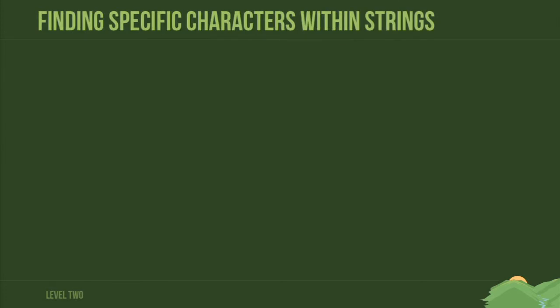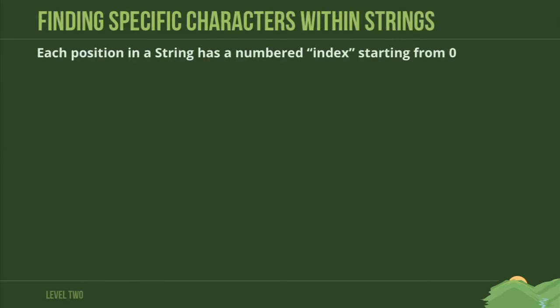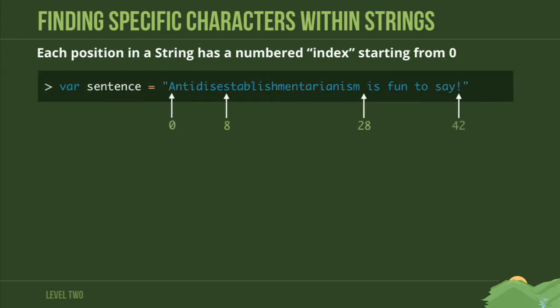Now, JavaScript strings have a way of finding specific characters within that string. Each position inside a string has a numbered index that begins from 0. Here we have a variable called sentence, and inside is a sentence, a very long string.